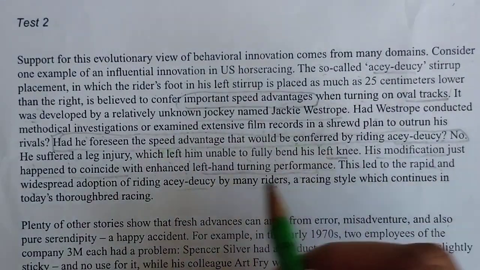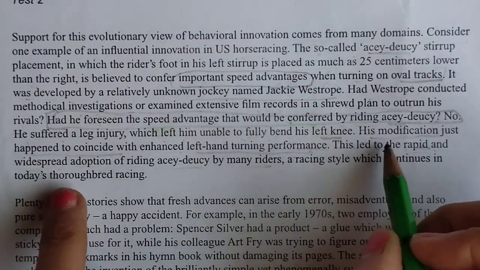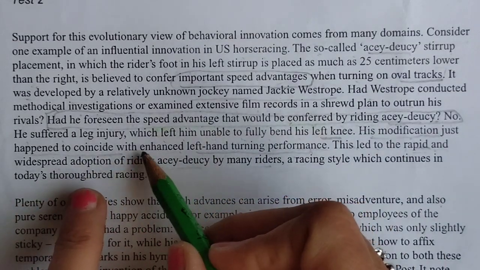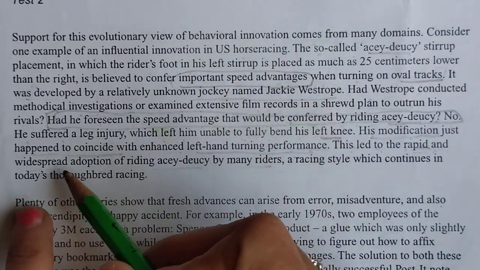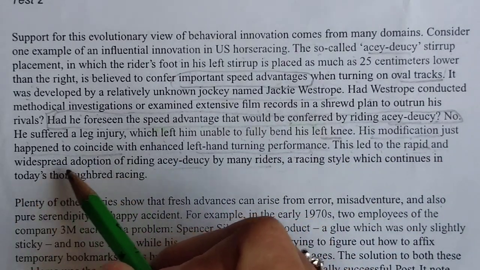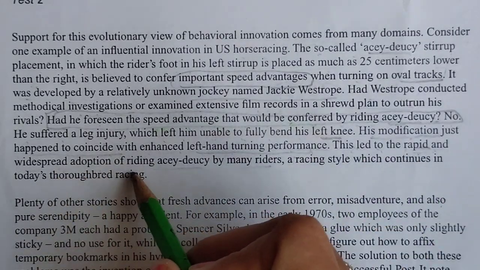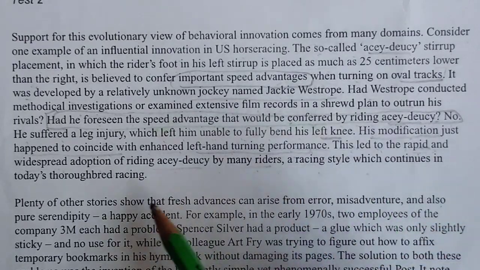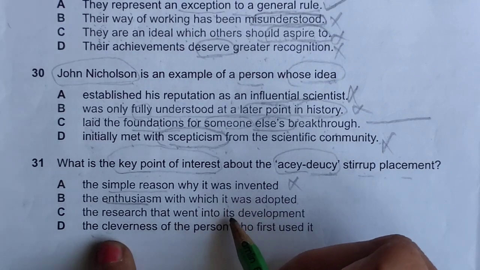It means: his modification just happened to coincide with enhanced left-hand turning performance, which led to the rapid and widespread adoption of this racing style by many riders. So we can consider it, but let's read the other options also.